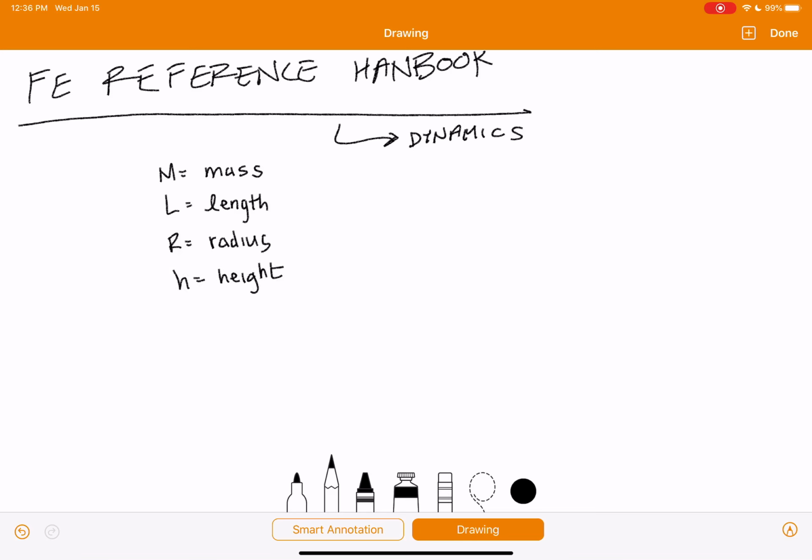And the table in the FE reference handbook even has little figures drawn with everything labeled. So you really don't need to know a lot in order to solve these problems. You just need to know where in the reference handbook to look.